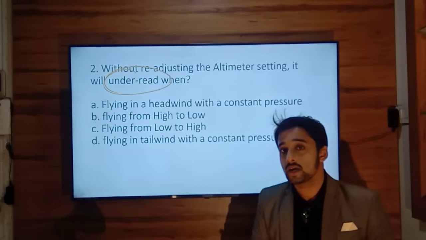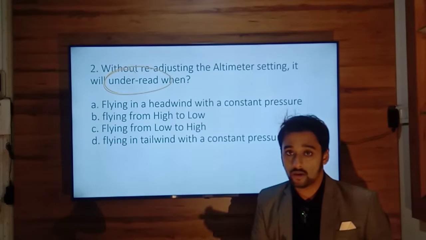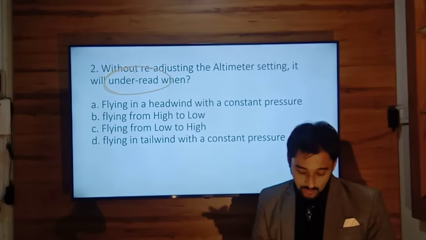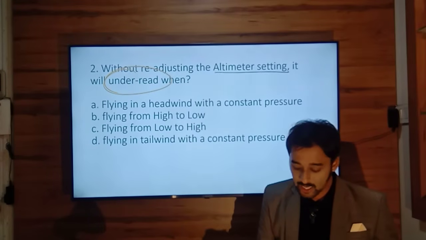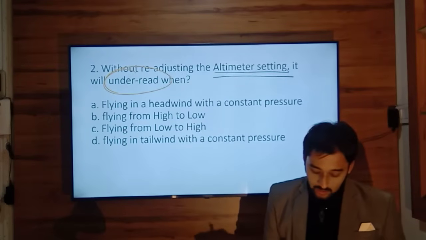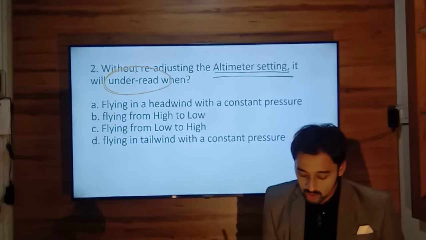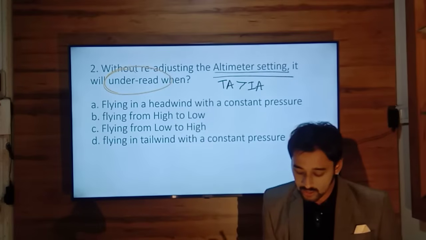When does an altimeter underread? When will it give an overreading indication? Coming back to this question, if you don't reset your altimeter setting, it underreads under two circumstances. Underread means your true altitude is more than the altitude that is being indicated.